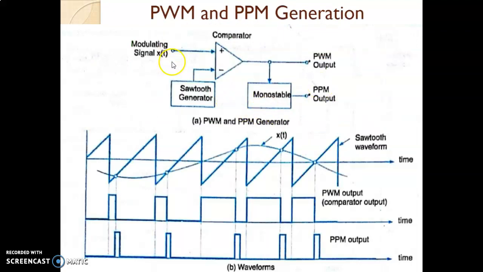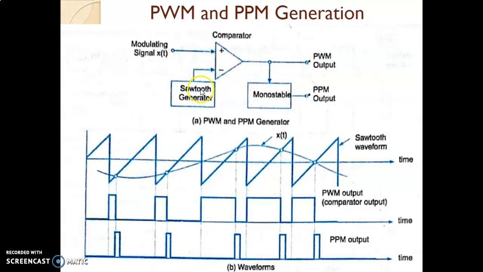You can see clearly here, this is a comparator which is going to compare a sawtooth signal, acting as a carrier or the second waveform, with the modulating signal applied to the non-inverting terminal. The sawtooth generator signal, the carrier, is applied to the inverting terminal. The output of the comparator will be the PWM signal.